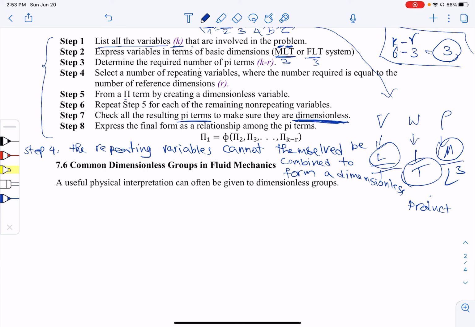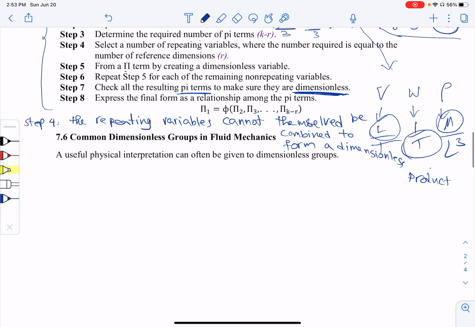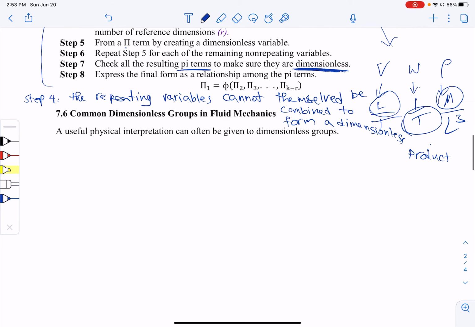But just simply check it, and you know whether this is a dimensionless number or not. After that, I'm not talking about sections 7.4 and 7.5 because they just give some more information about dimensional analysis. I'm going to show all of them in the examples.